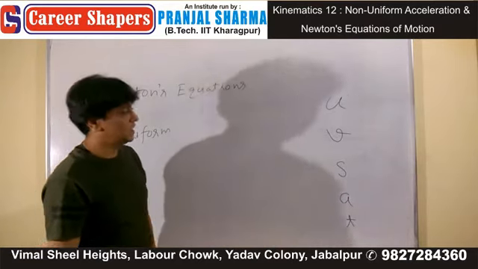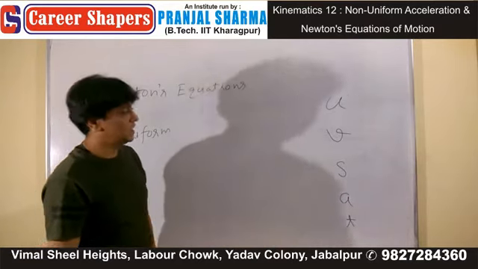So, what is v? Velocity at time t. What is u? u is velocity initially, that is when time is 0. That means u is in fact velocity v when time is 0 seconds.